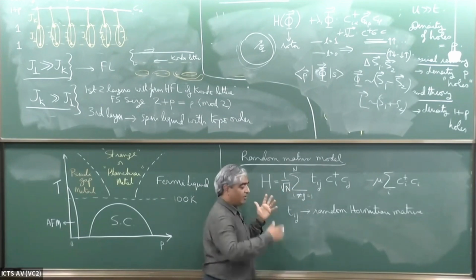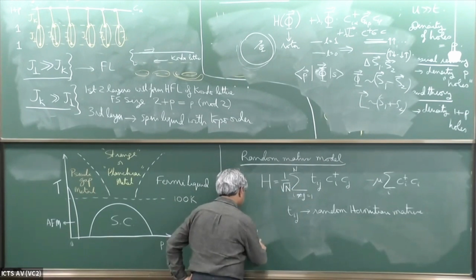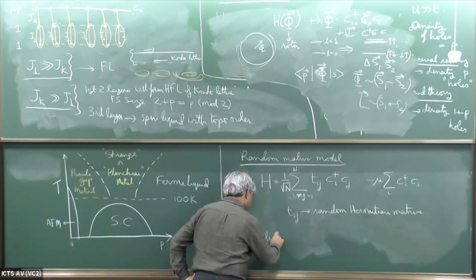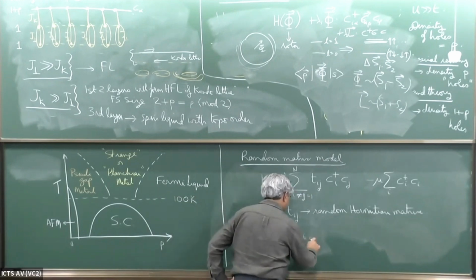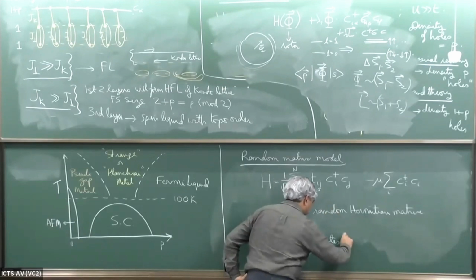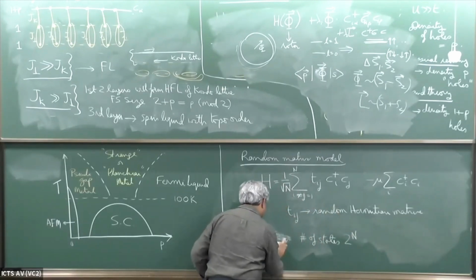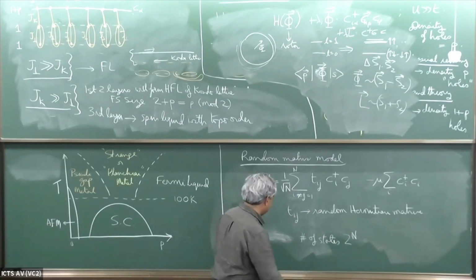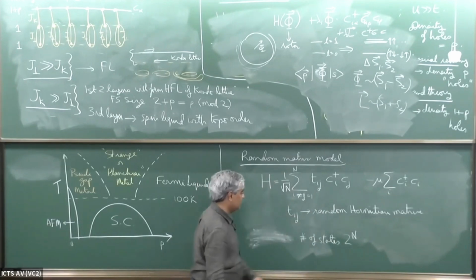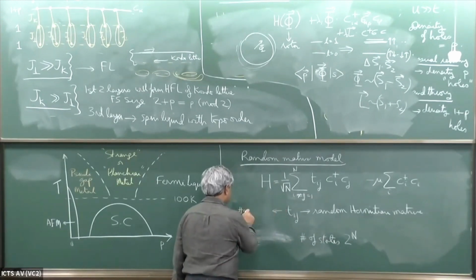Actually, let me not fix the number of electrons; I'm in the grand canonical ensemble. The number of states is 2 to the n, whereas the number of states of T_ij is n.